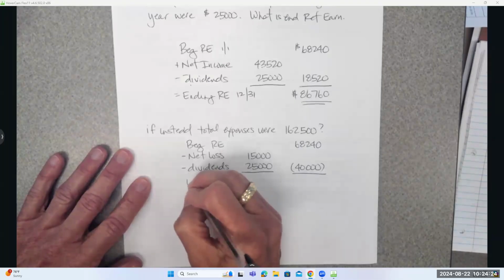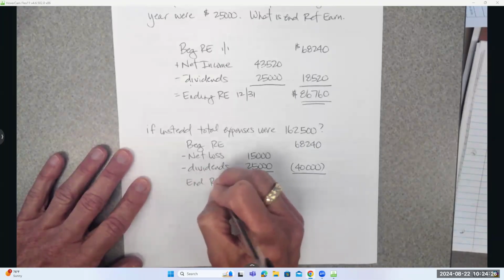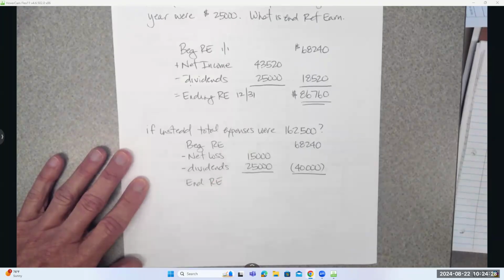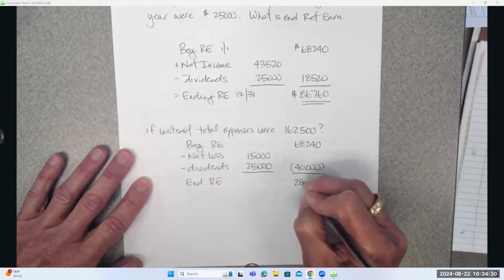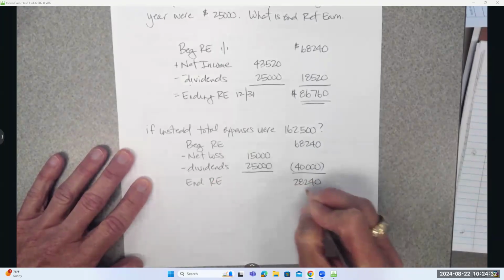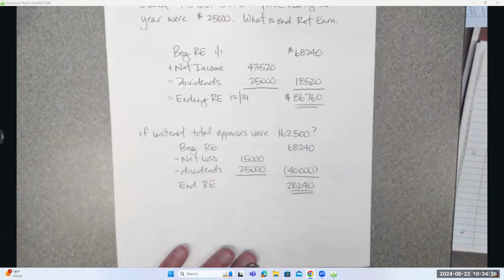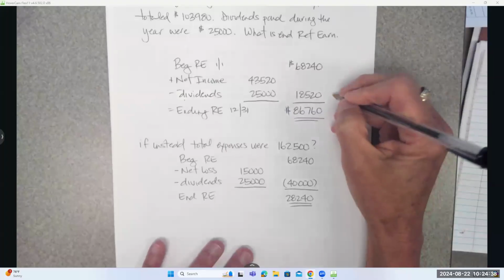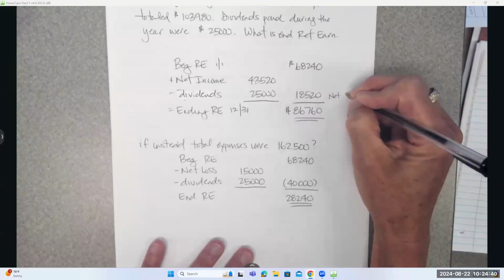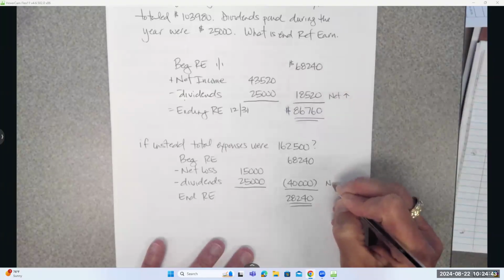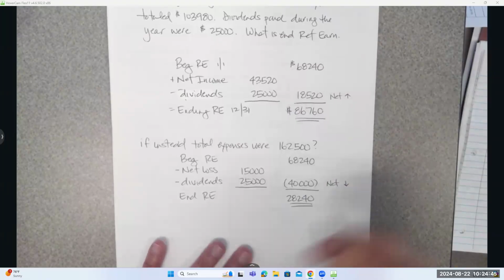So what is ending retained earnings now? 28,240. This would be a net increase. This is a net decrease.